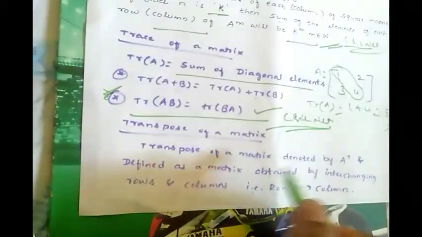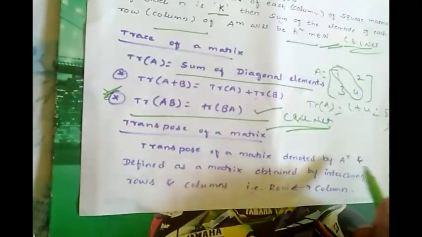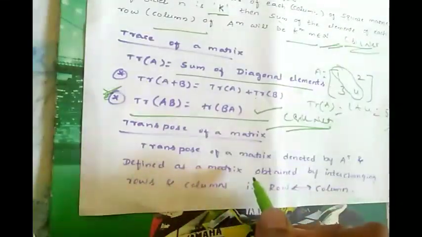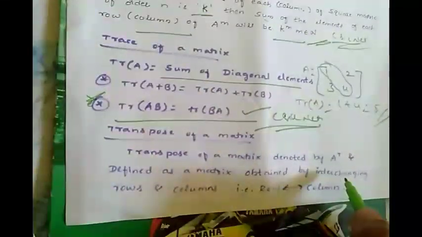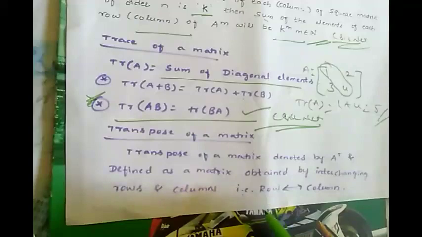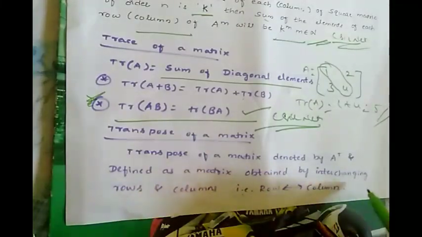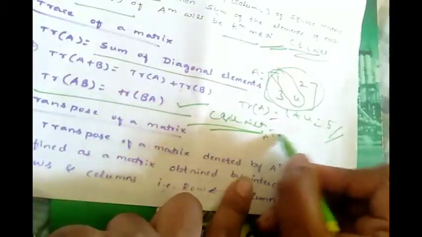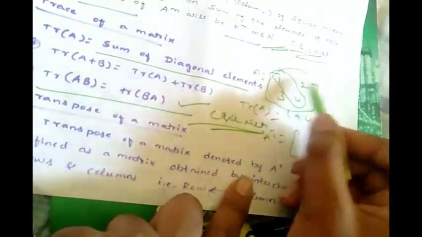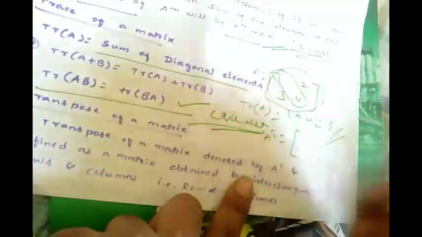And transpose of a matrix. The transpose of a matrix is denoted by A transpose and defined as the matrix obtained by interchanging rows and columns, that is row to column. Suppose we take this as an example, then A transpose is obtained by interchanging row to column and column to row.